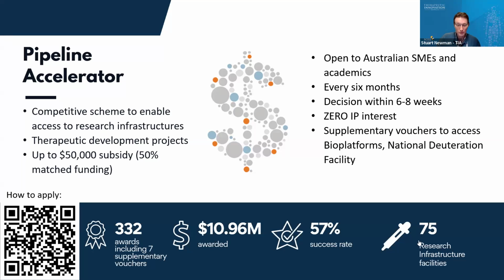But I just want to present some of the metrics thus far. We've been operating since 2018, and since then, TIA, as well as our 3 partners, have collectively made 332 awards, including some supplementary vouchers, which are vouchers to access Bioplatforms Australia and National Deuteration facility, in addition to accessing either Phenomics Australia or TIA's facilities.